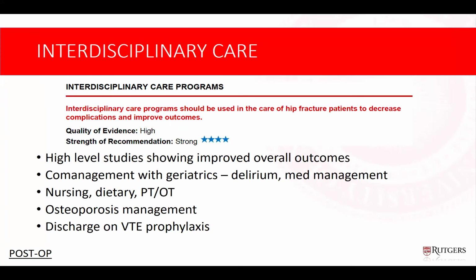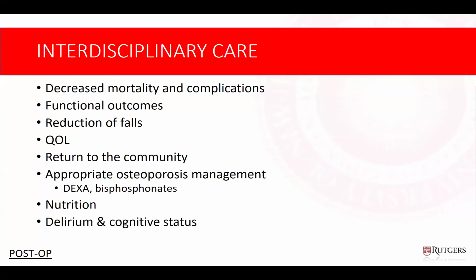Interdisciplinary care has been really big in the world of hip fracture protocols and care. There are many high-level studies showing that it improves overall outcomes, and it includes co-management with geriatrics in terms of preventing delirium and doing med management, as well as interdisciplinary care with nursing, dietary, PT/OT, management of osteoporosis, and discharging patients on VTE prophylaxis.